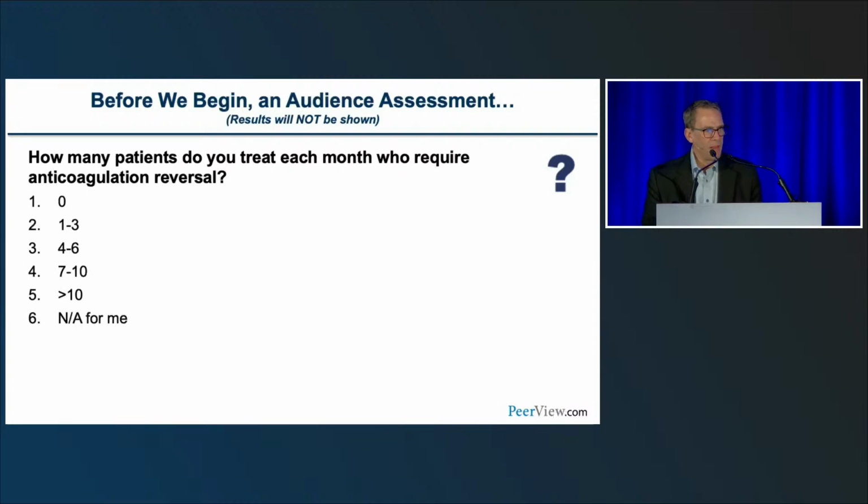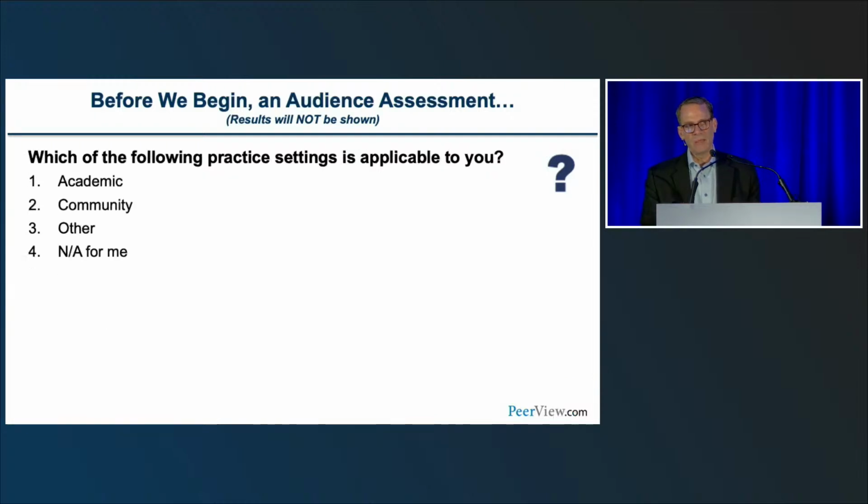Okay, and so how many patients do you individually reverse? And this includes all anticoagulants, right? So you probably still see a few warfarin cases, those who are on warfarin for mechanical valves or ventricular assist devices, and then the factor Xa, of course, far and away the largest group of anticoagulated people in the U.S., right? 7.5 million now, I think.